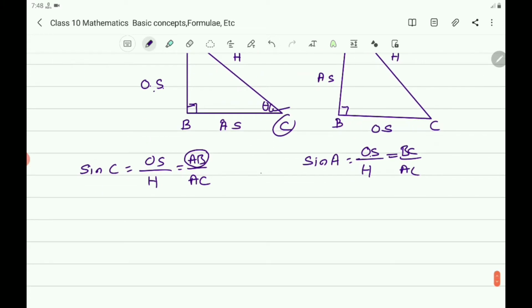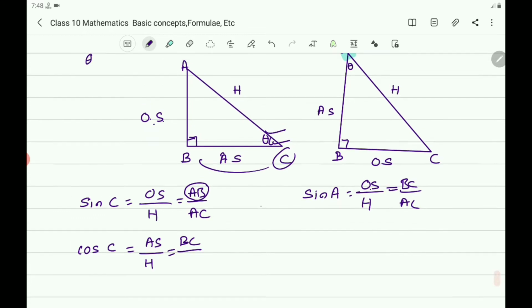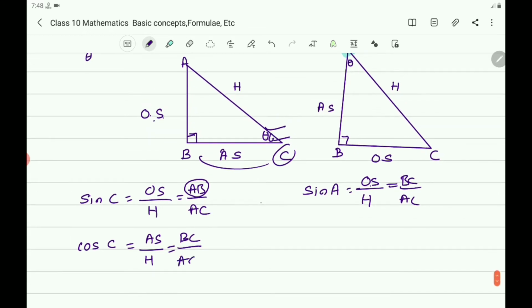And if you take cosine C, cos C, that is adjacent side by hypotenuse, and for angle C, the adjacent side is BC and hypotenuse is AC. So you got BC by AC here, sin A and cos C are equal. That you have to keep in your mind.